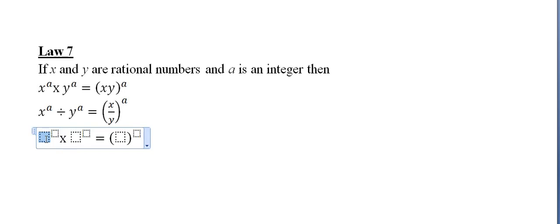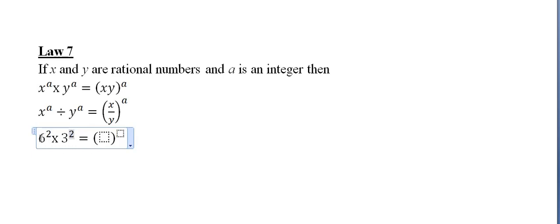Let us write 6, and here we can write 3. Let us assume that the powers are the same. The base numbers can be different, but the power has to be the same. Let us write 2.